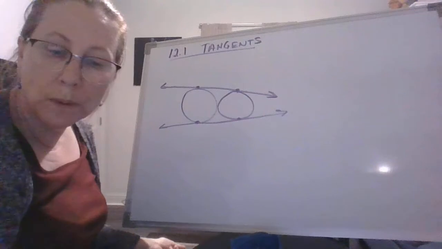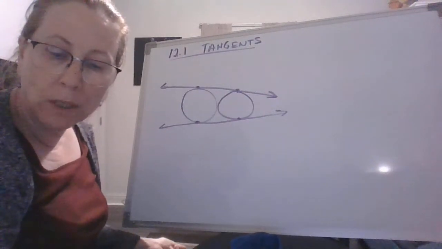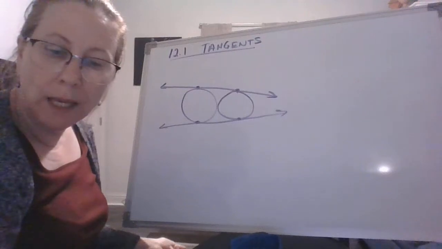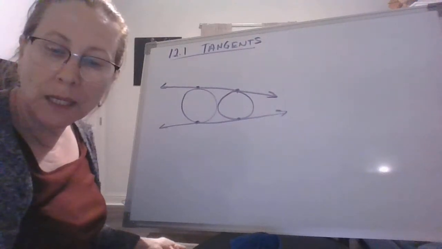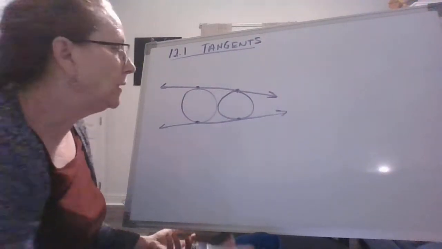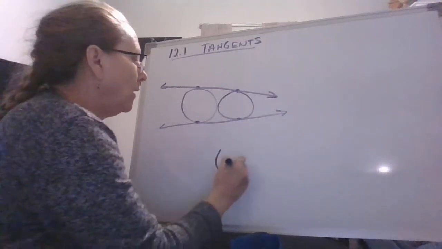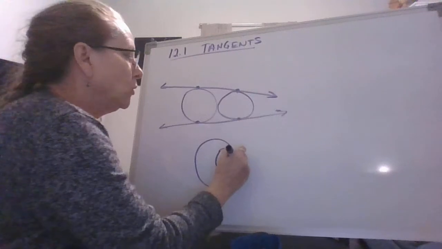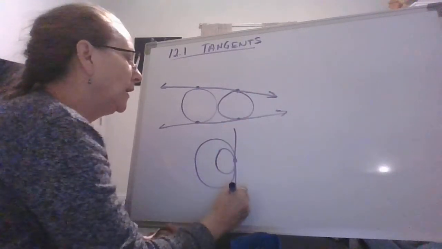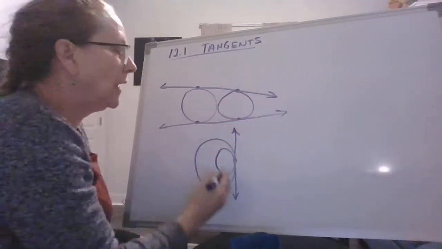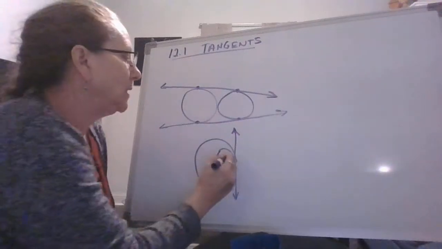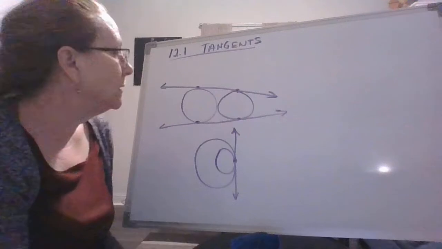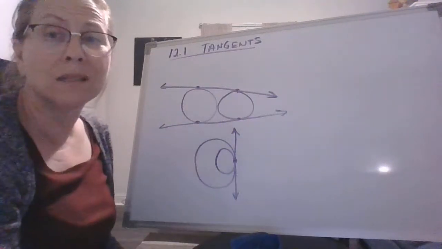Now, it's possible that you could have another common tangent. Let's see, one common tangent, if you have one circle inside the next, just trying to make sure that I draw this correctly. You could have one common tangent between two circles, but that would mean that one circle is inside the other one.